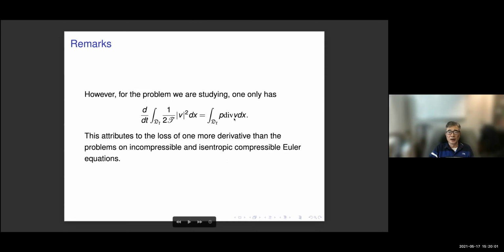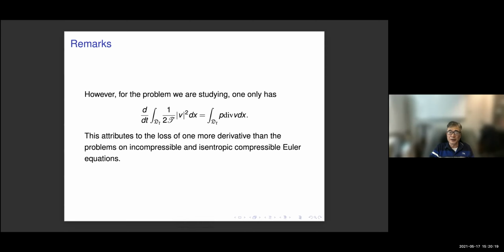Actually, for the isentropic compressible Euler equation, P and the divergence V are related, but here for our problem they are not related.